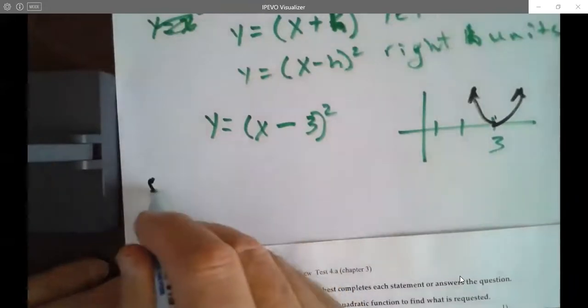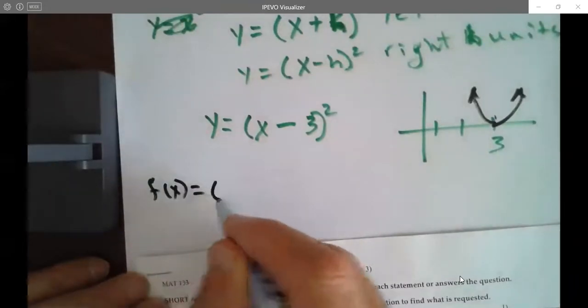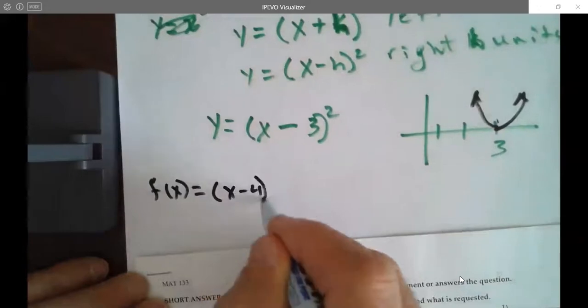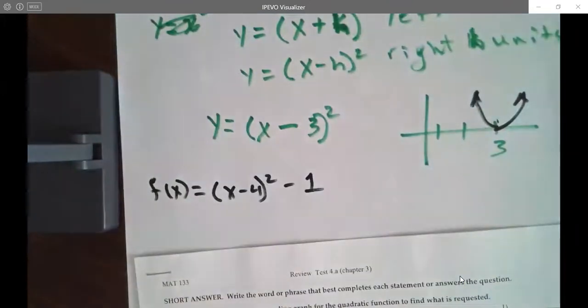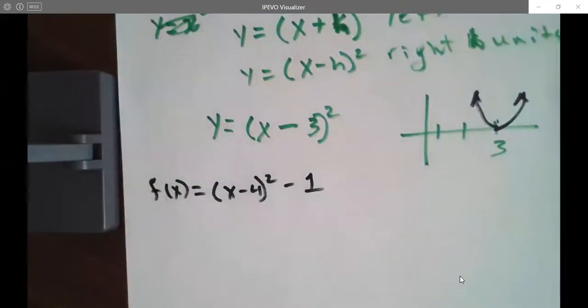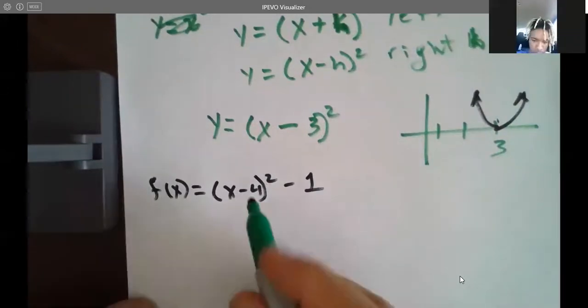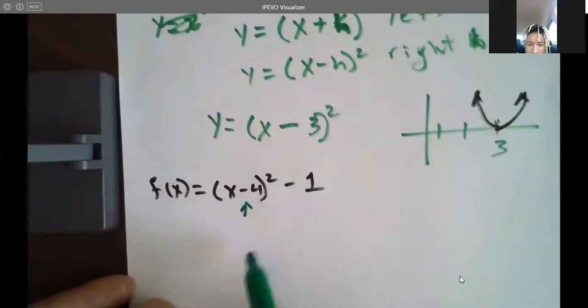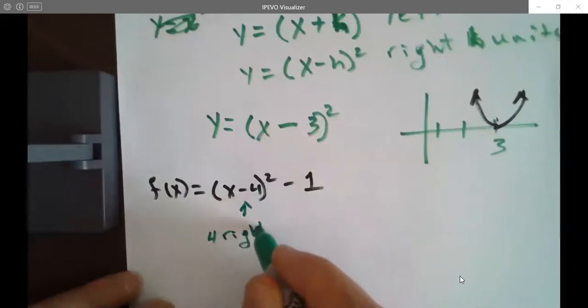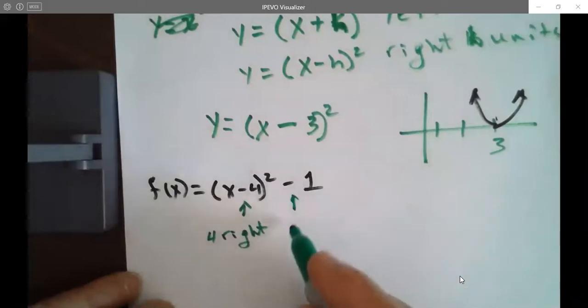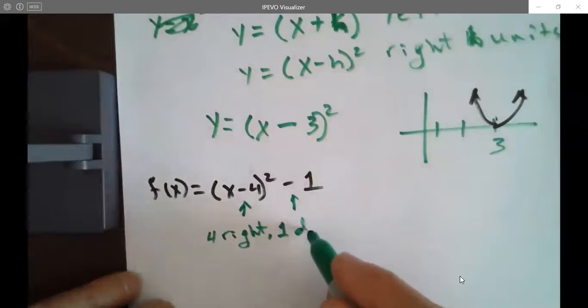Inside parentheses, it's going to make it shift 4 units to the right. And then this minus 1 is going to make it shift 1 unit down.